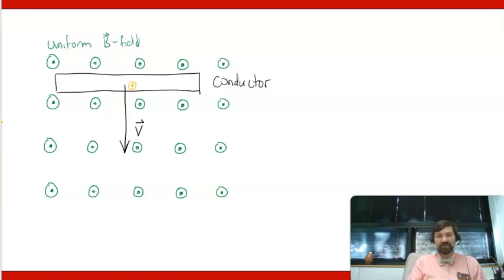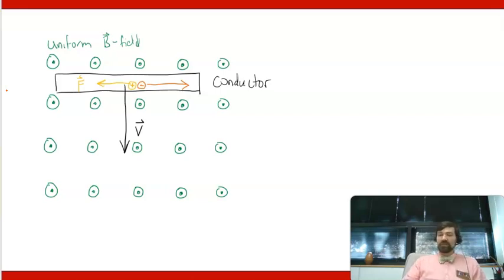That actually means that we're going to get a force on this charge in this direction. And similarly, if I have a negatively charged particle, say an electron, then I should expect a force in this direction to act on that electron.